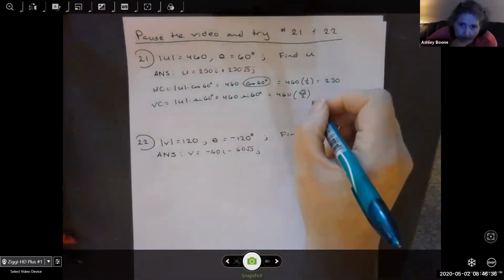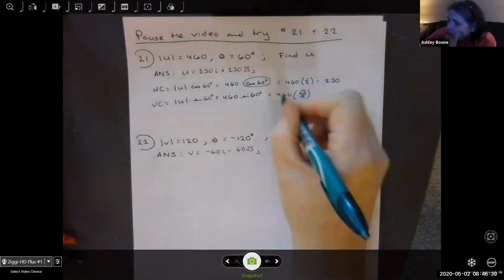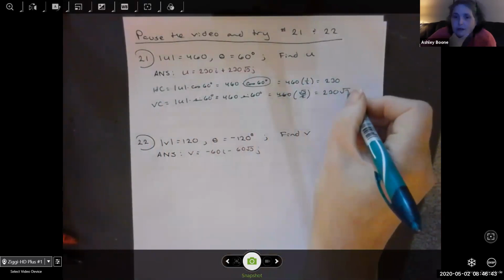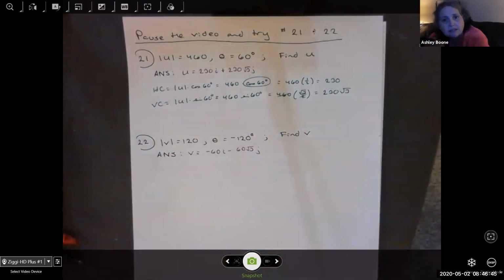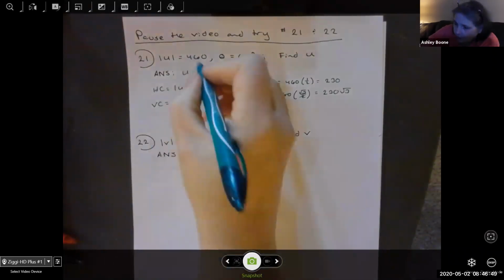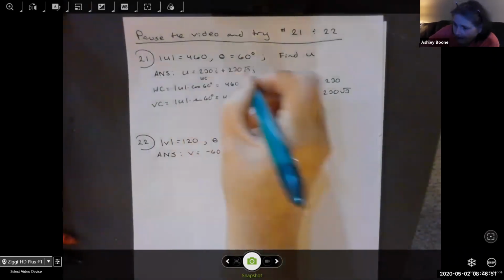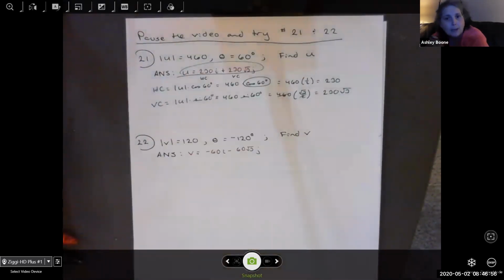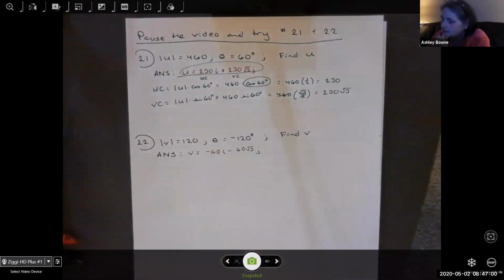We're in quadrant 1 at 60 degrees. 2 will go into 460, 230 times. We still have the square root of 3. So my vertical component is 230 times square root of 3. So there's my horizontal component i, vertical component j. There's our answer. Okay. Be careful if the angles are changed up a little bit.